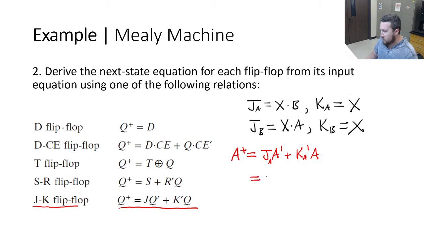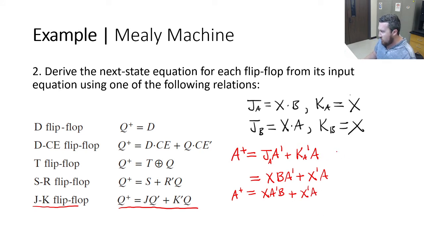JA is equal to X, B, and A prime, or X prime and A. So, a little bit of rearranging: A plus is X, A prime B, or X prime A.